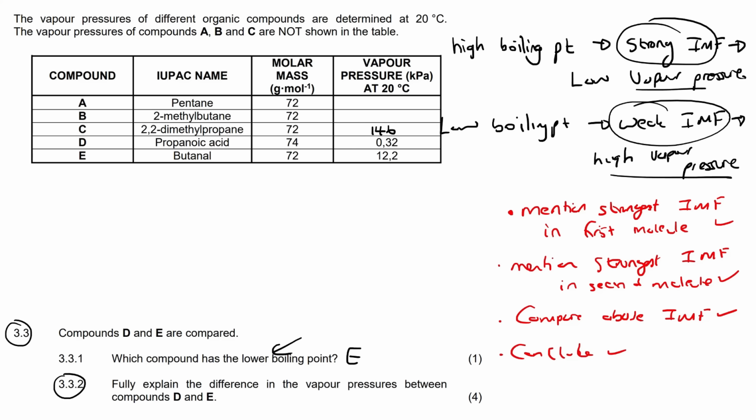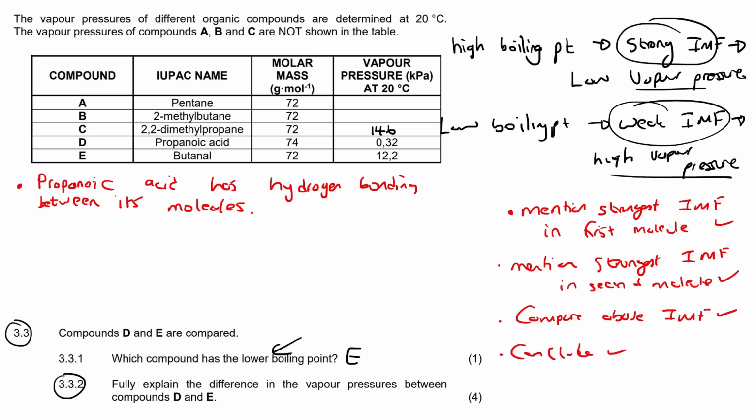So for step 1, I'm going to start with propanoic acid. Propanoic acid has hydrogen bonding between its molecules. You are also allowed to, if you want, mention that it also has dipole-dipole and London forces.